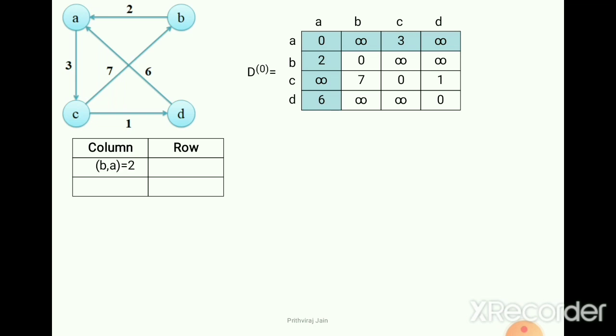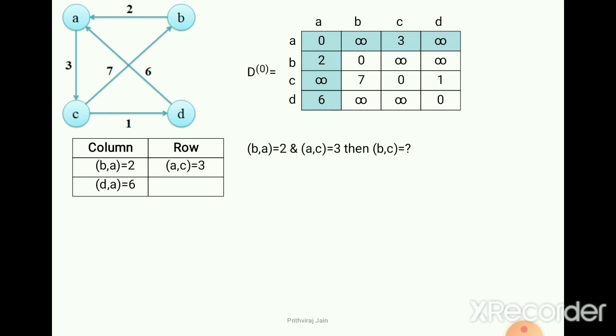Across the column we have B, A is equal to 2 and D, A is equal to 6. We have to note down only the valid values. And across the row we have A, C is equal to 3.